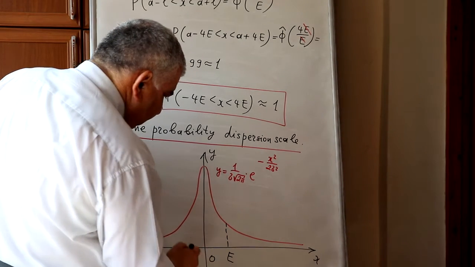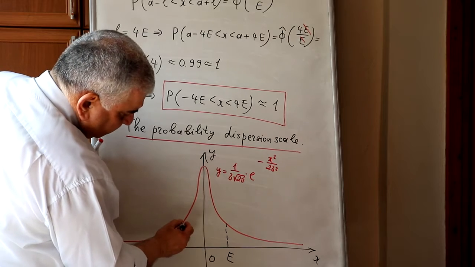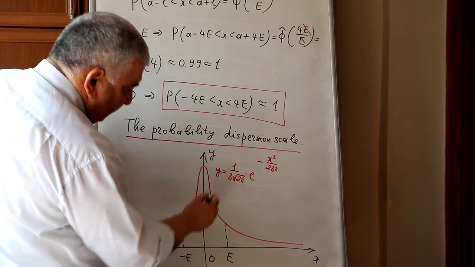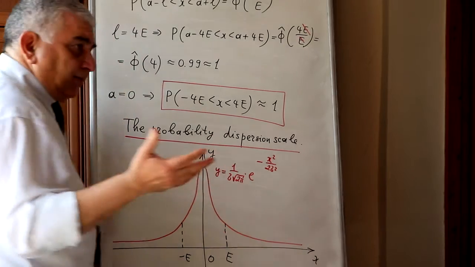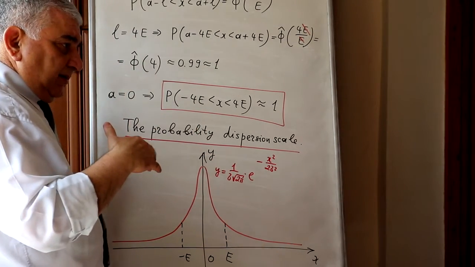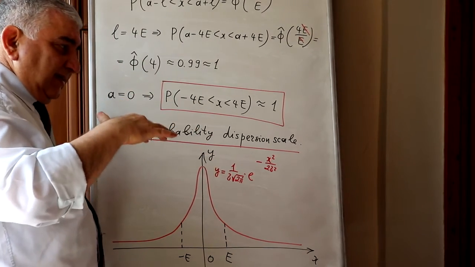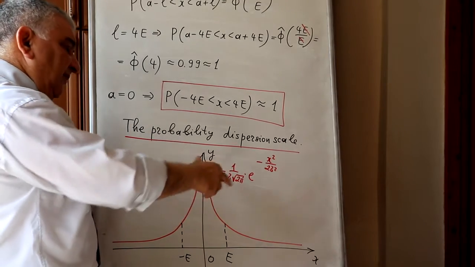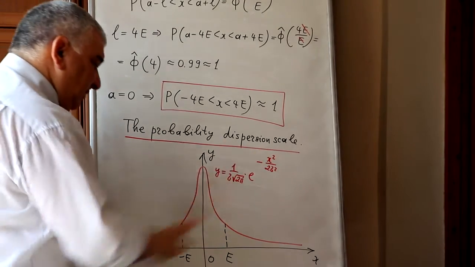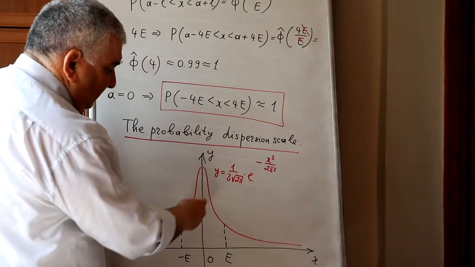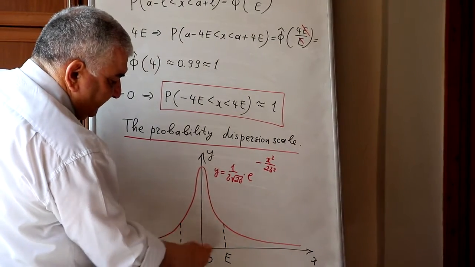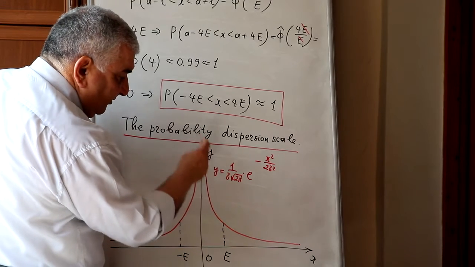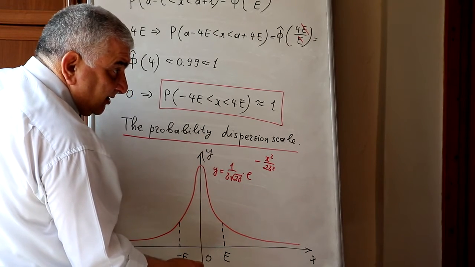Let this be E capital, and this minus E capital. The probability is equal to the area between the graph of the normal distributive density and the x-axis, and it means the area of this figure is 0.5. But our graph is symmetric with respect to the ordinate axis.